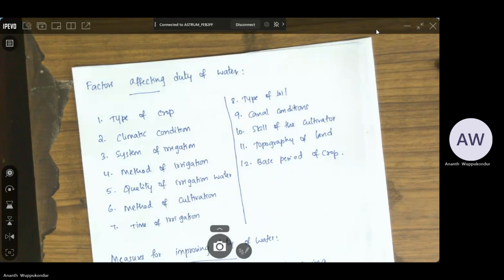What happens to that type of crop? So for each crop, the water requirement is different.